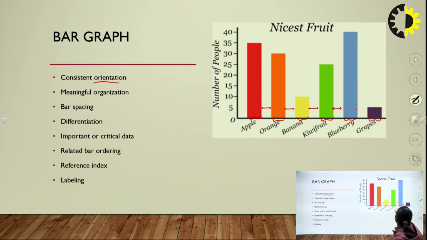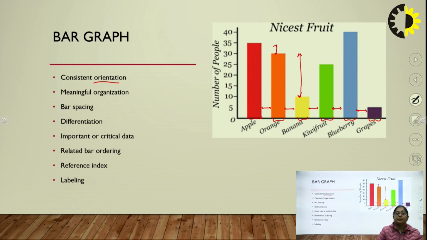And differentiation: you can find the differentiation between these two bars. Important or critical data you can use here with the help of the bar graph. You can compare the different and important data with the help of the bar graph.